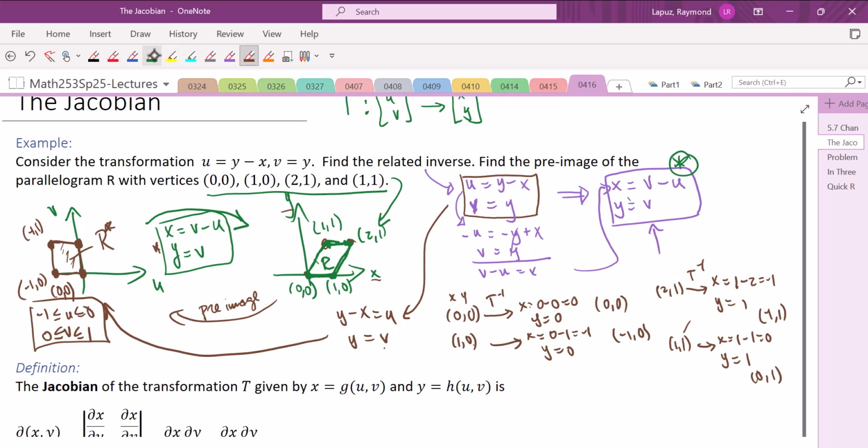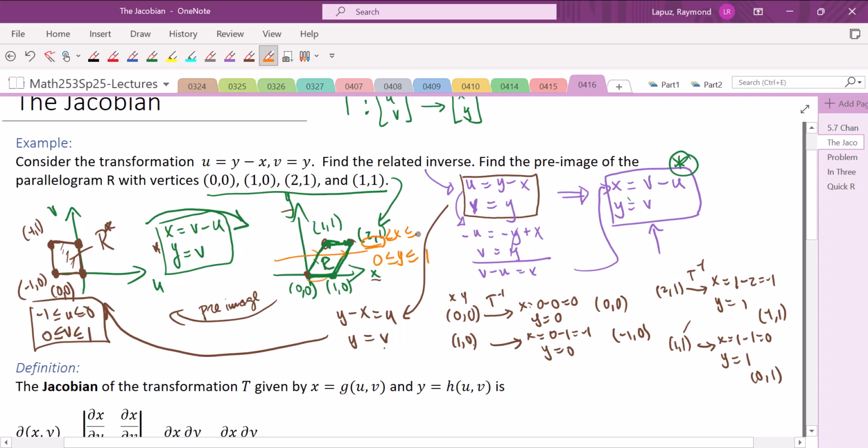On the other hand, if you were integrating with R, I think this would be better integrated if we looked at this as a type 2 region. A type 2 region says your x is going to be between a couple of lines, and then your y is going to be the constants from 0 to 1.